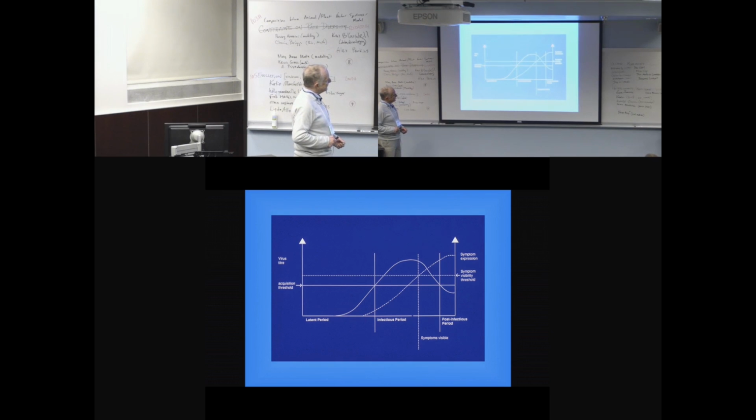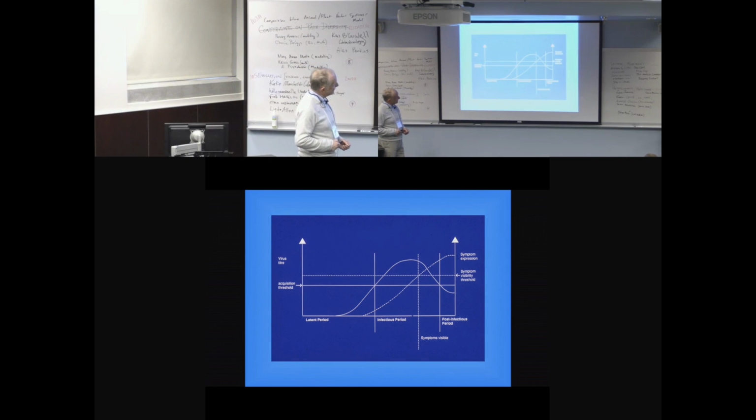But then it may actually start to decline again for various reasons until it crosses that threshold again. That period of time you can call the infectious period within the plant.